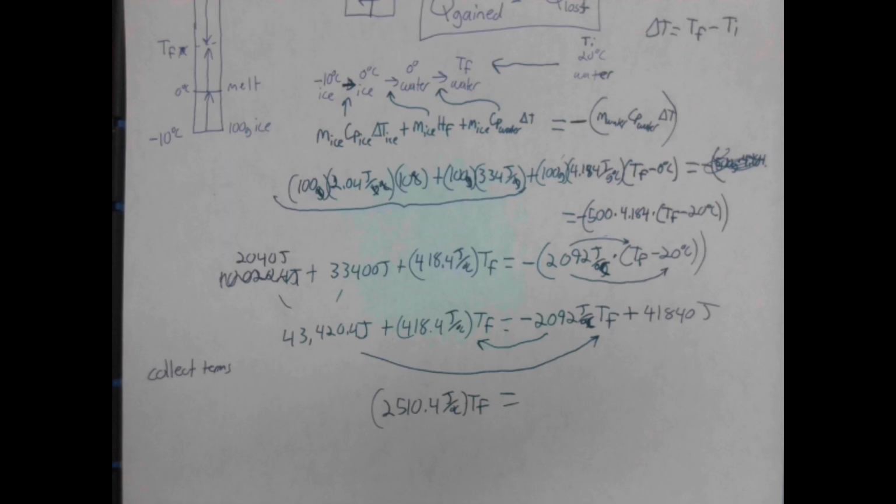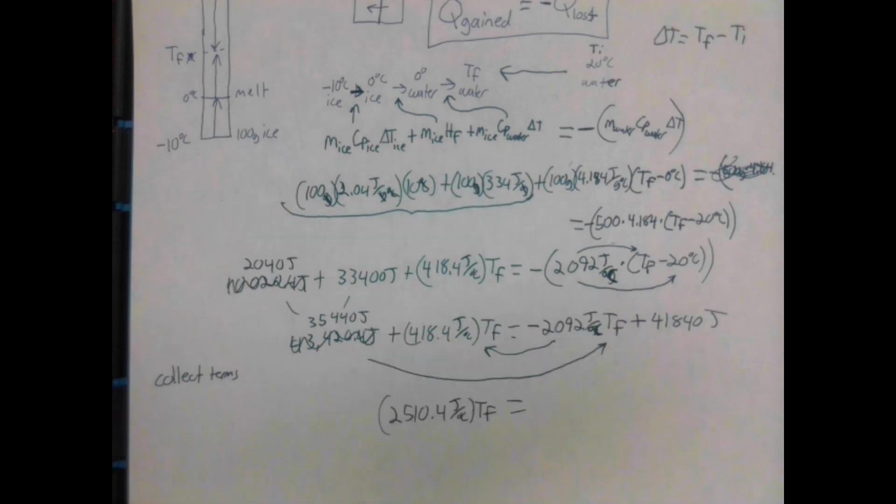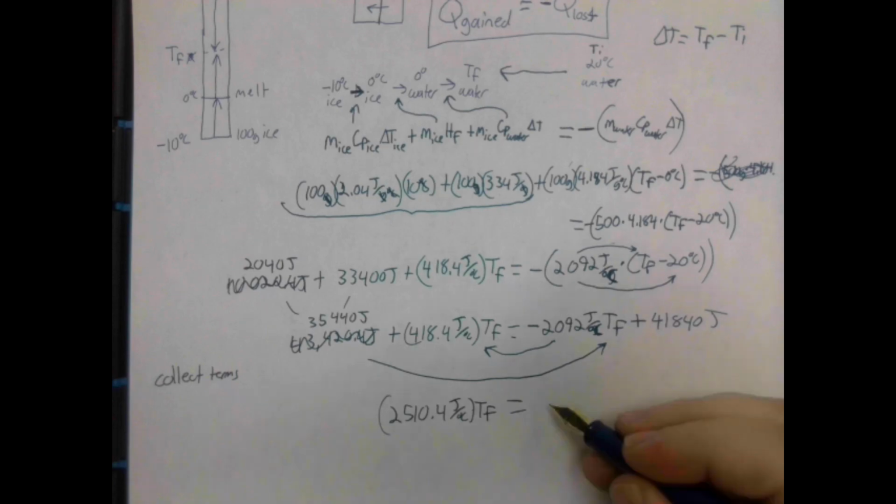I realized my answer would be negative, hence the reason why I knew this was wrong. When I put ice cube into water, it should not freeze the water. This makes way more sense. And finally, I get a final answer.